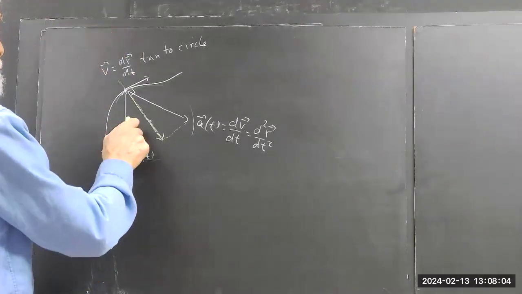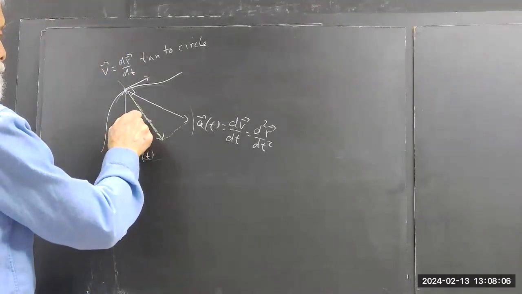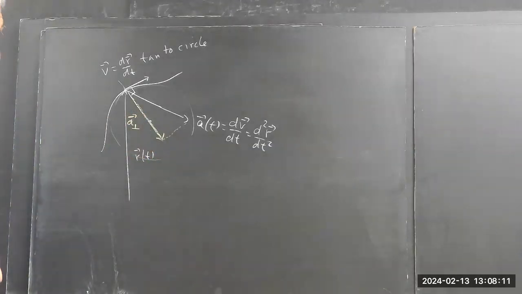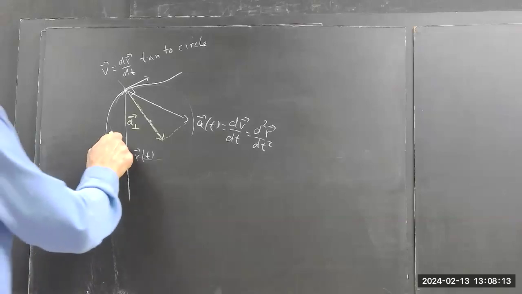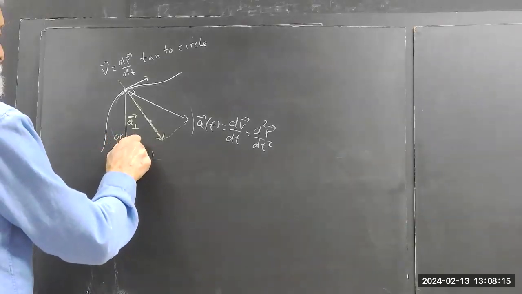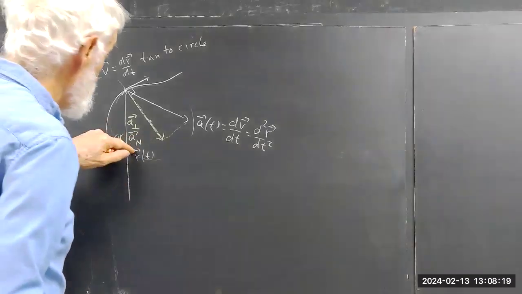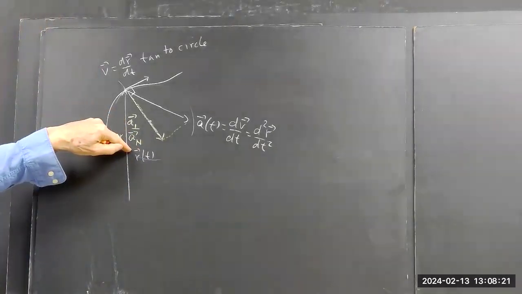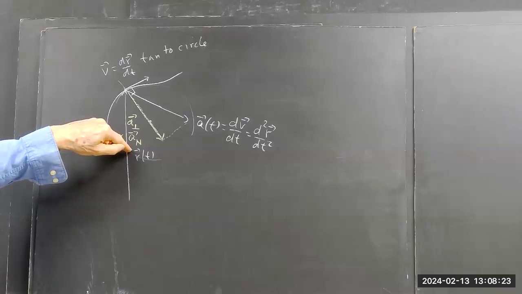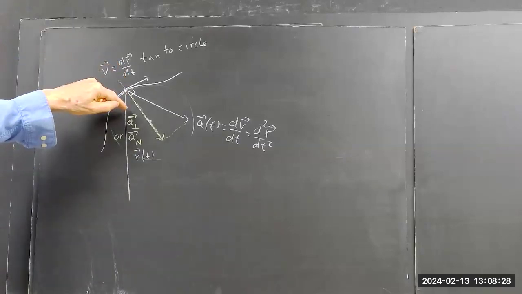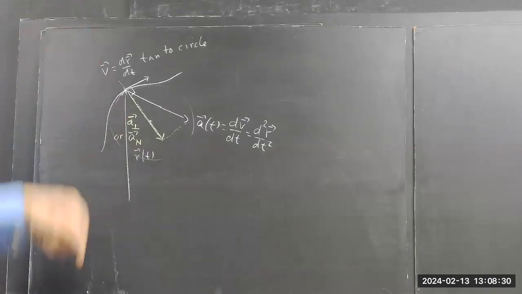So we call this a perpendicular, or a sub n, normal to the curve, perpendicular at that point.